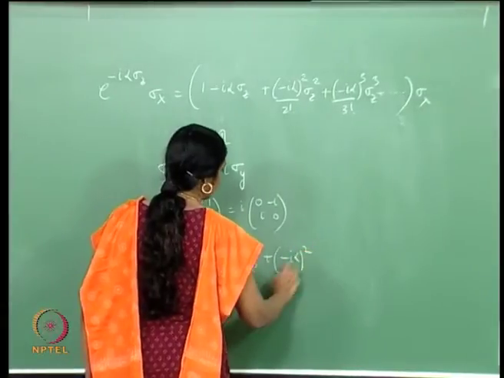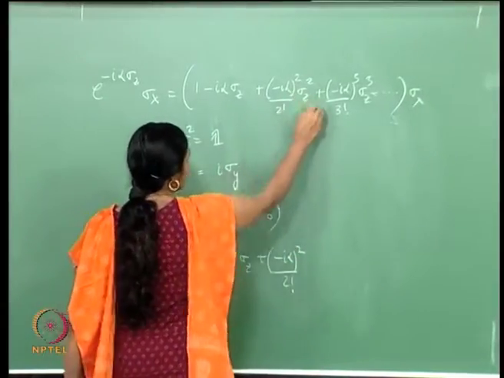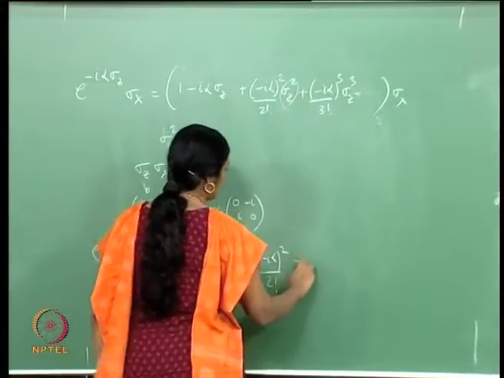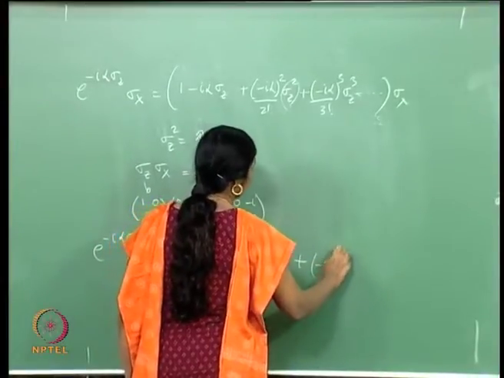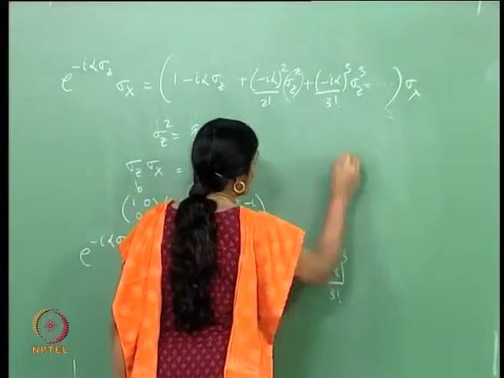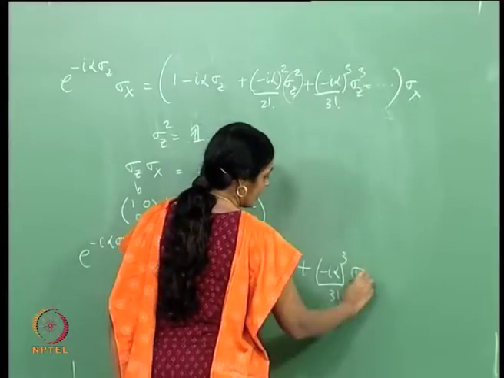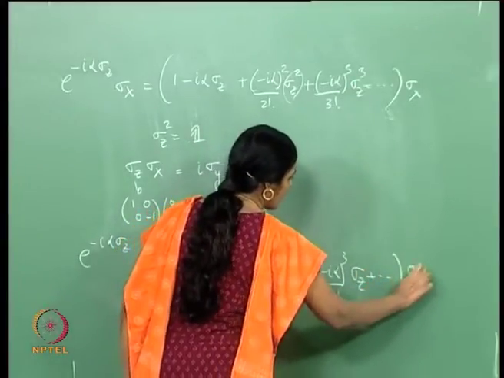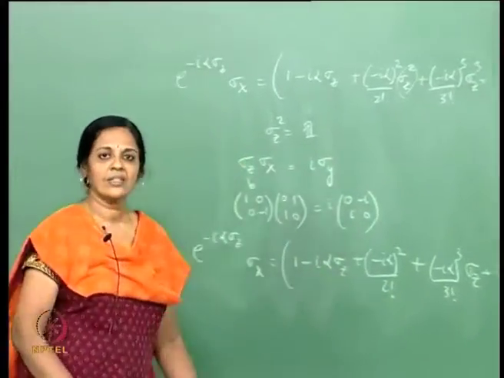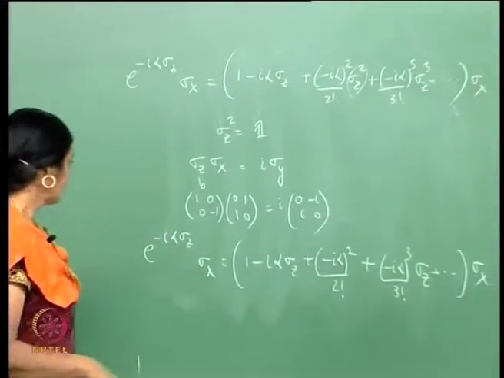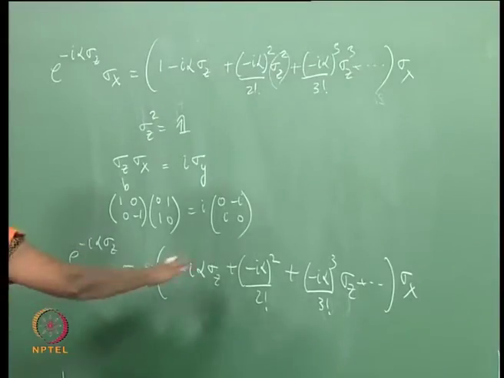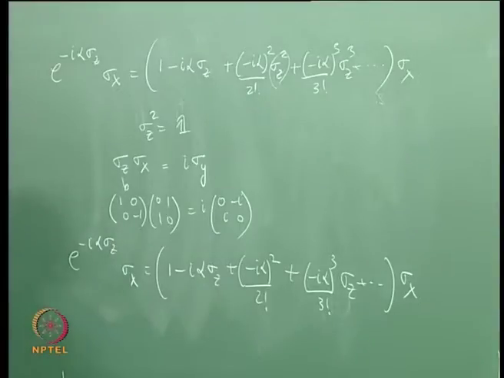The next term is simply the identity operator here. Sigma z squared is identity, and therefore this becomes sigma z. That is an infinite series, and that multiplies sigma x. Just looking at the first few terms is going to tell me what is going to happen, and I can now group terms suitably.